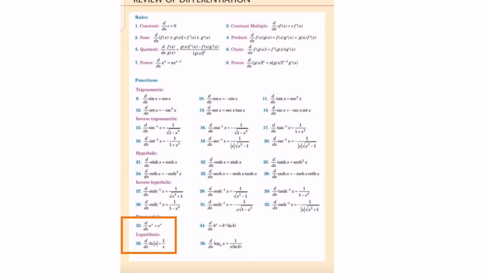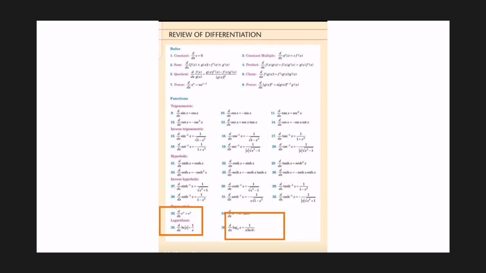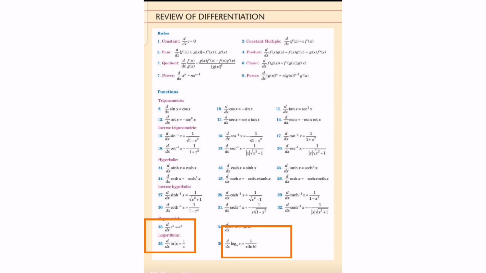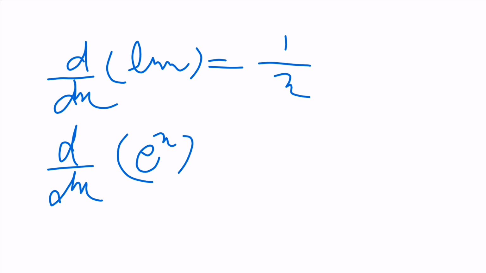Also derivative of log x to the base a is equal to 1 over x times natural log a. So this means that derivative of natural log x is equal to 1 over x and derivative of e power x is equal to e power x again.